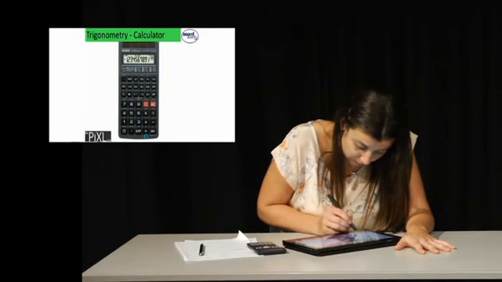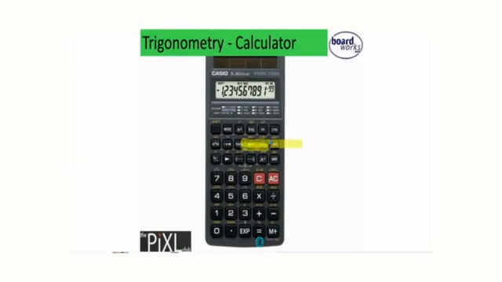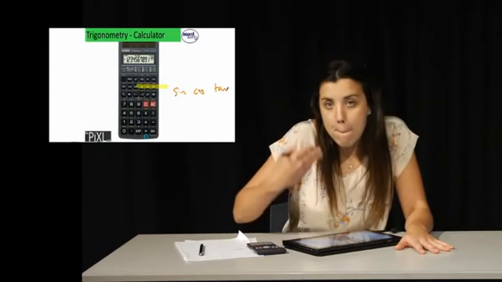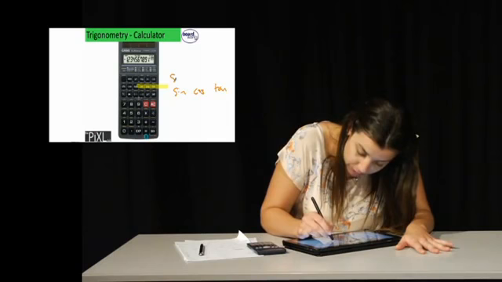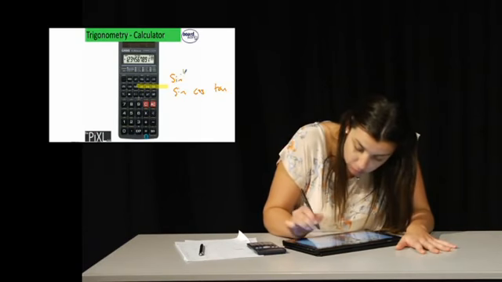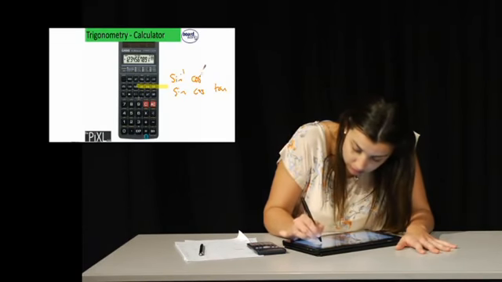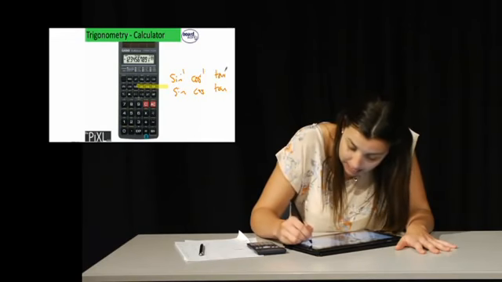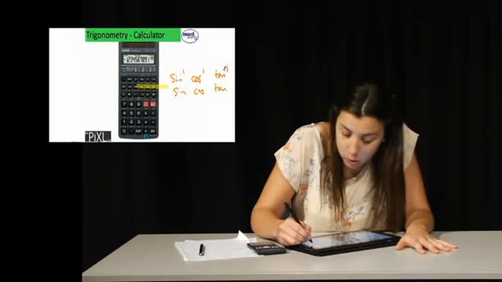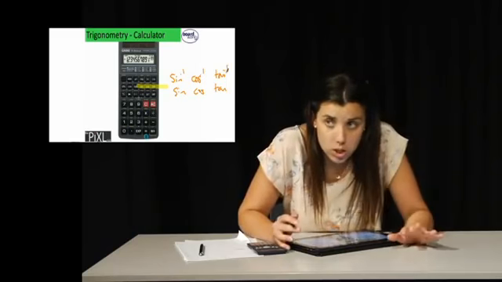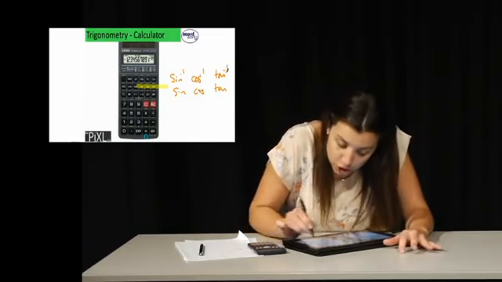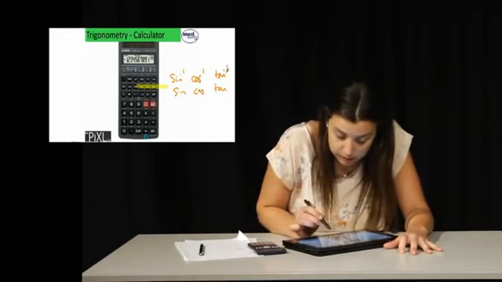So across the top here, we have something called sin, cos and tan. And these buttons will have their own sin, cos, and tan. Above them, you will see the words written sin to the -1, cos to the -1, and tan to the -1. They're called the inverse functions, and I'm going to explain when we use them and how we use them in a moment. But just to make sure you can see where these buttons are.